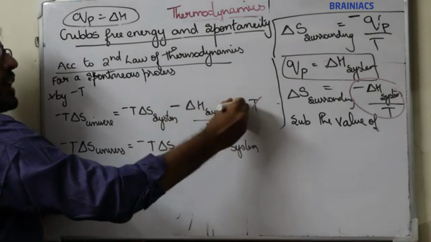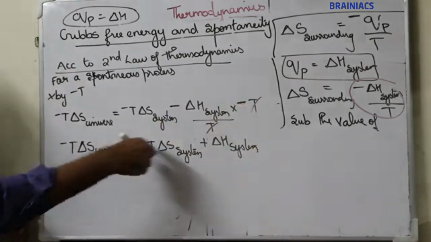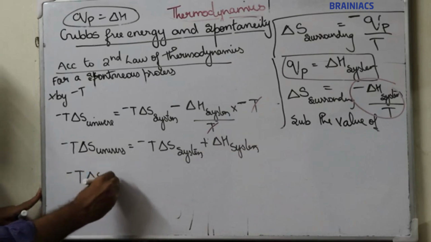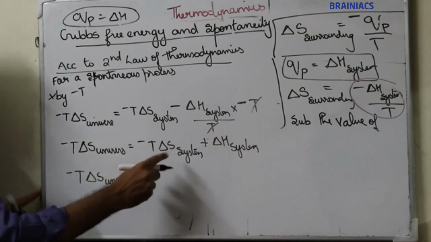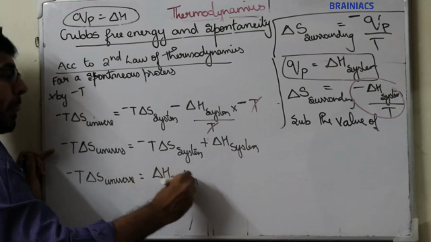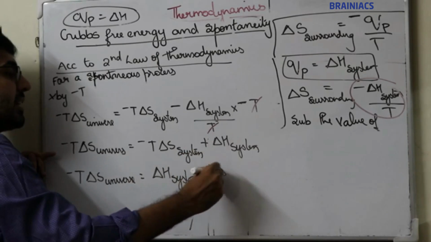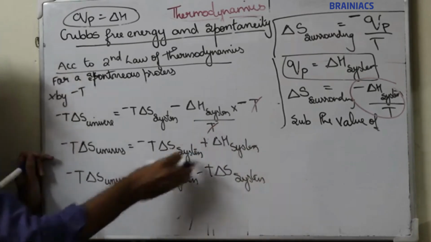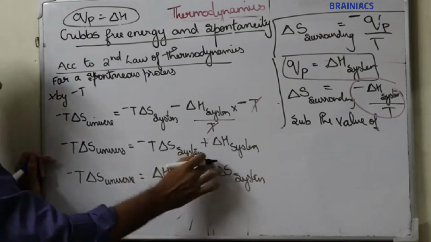Now I'm going to rearrange this part. So minus T delta S universe is equal to delta H system minus T delta S system.